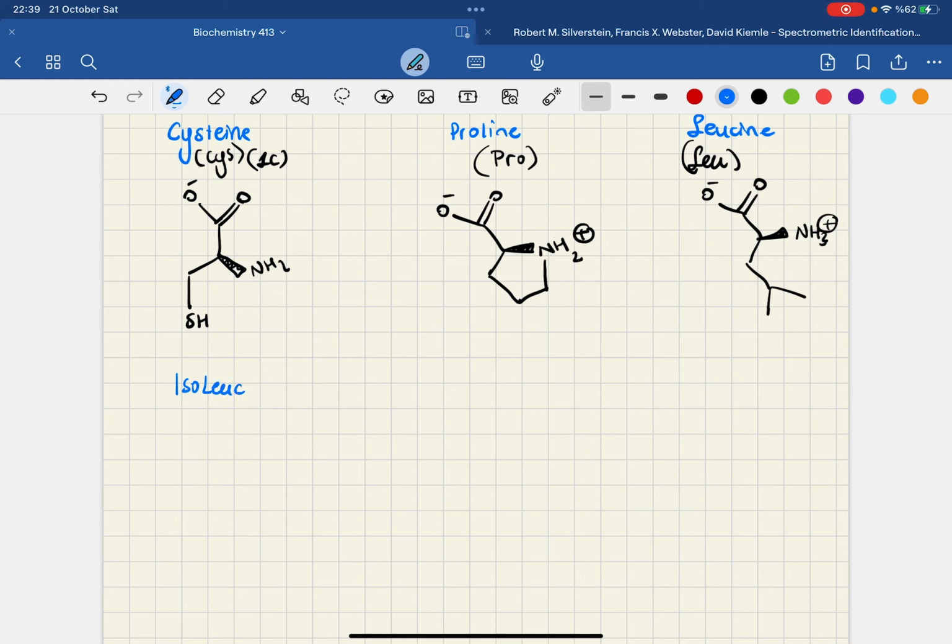Isoleucine. This is very, very easy, as we just take one of the methyl group and attach it to one closer carbon, which is this one.